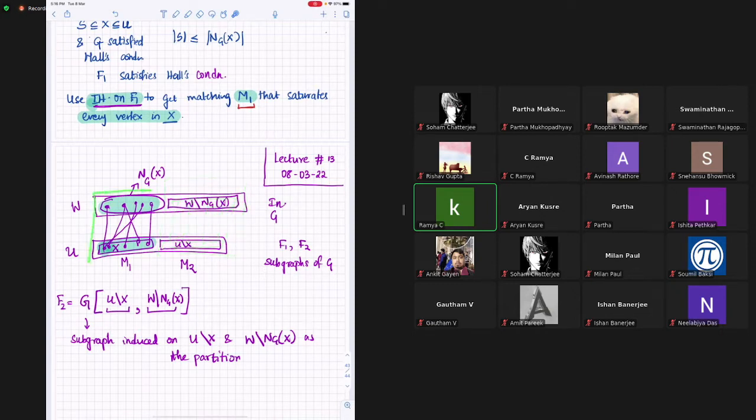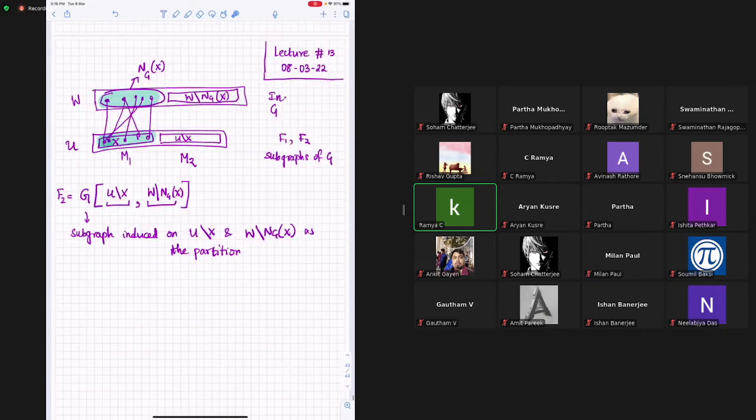This portion you have already matched, and that matching is M1. Now the goal is to find a matching M2. So what is the goal right now? Find a matching M2 in which graph? F2.